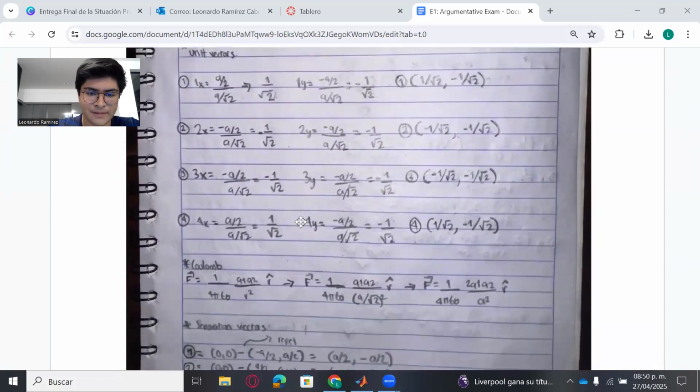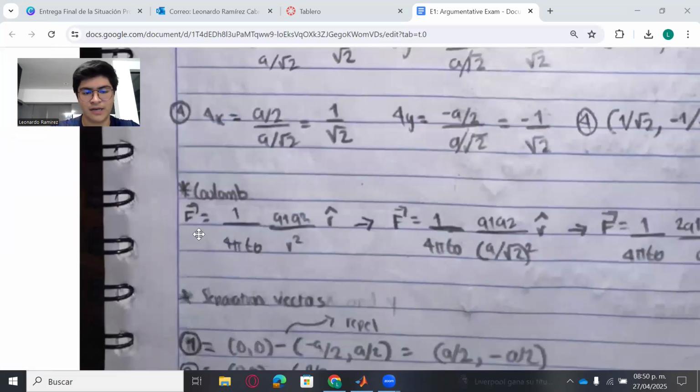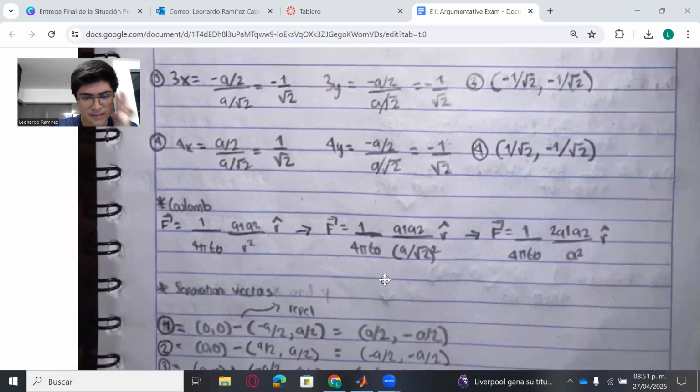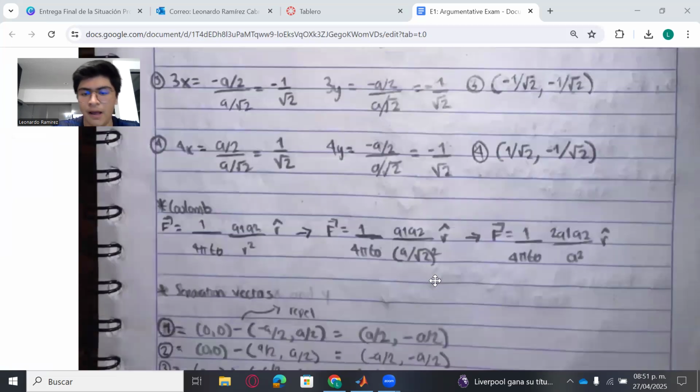So if we apply Coulomb's law, we are taking into account this type of Coulomb one. I know there exists the one where it is not squared but cubed, but this was way easier for me to understand since we have R, which was calculated in the very beginning by the Pythagoras theorem.